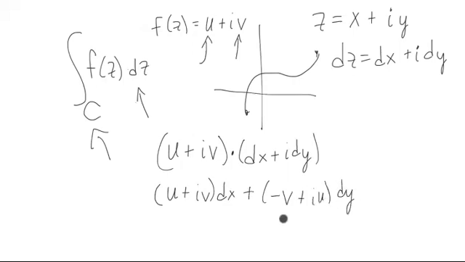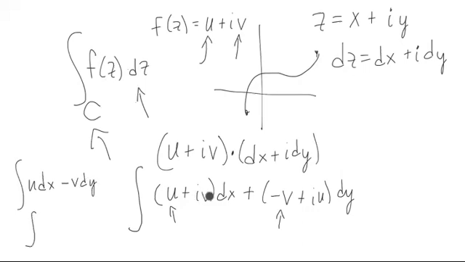Okay, so we're really looking at a line integral, and we have to keep in mind that the real part of the line integral will be considered by just looking at the u and the negative v part. So you have two line integrals happening here. You have the real part, which is u dx minus v dy.